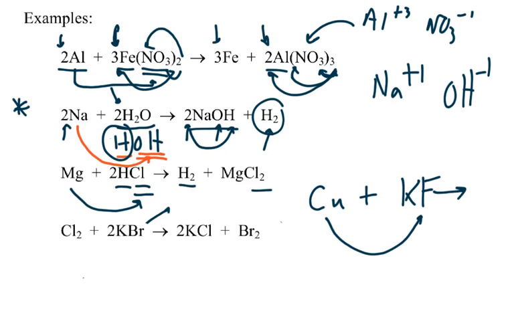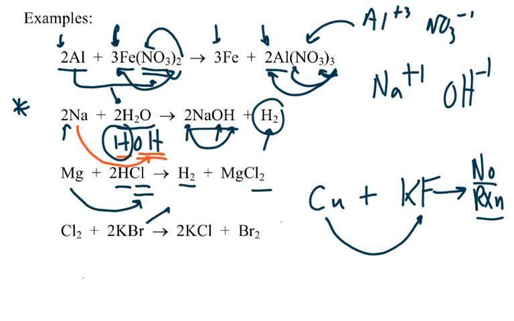It will not get together with fluorine. So nothing is going to happen, so you can simply write NR. That's an abbreviation for no reaction. So whenever you have an example where the one trying to cut in is lower on the activity series than the one it's trying to replace, nothing will happen and you will write no reaction.